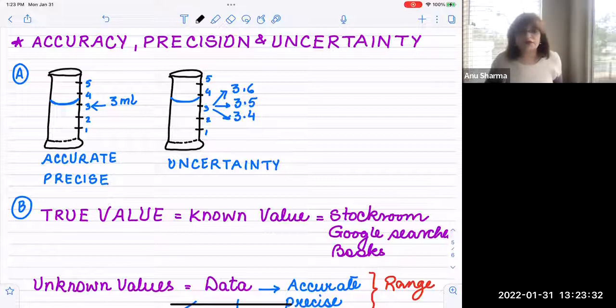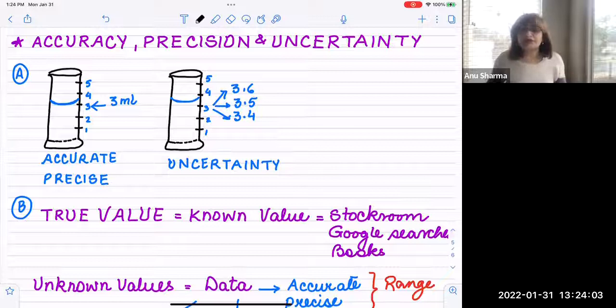It is listed in Google searches and in tables, like the density of substances or boiling points of substances. You can look at the books, or the appendix in the books, depending on what lab you're working in. Those are the true values.